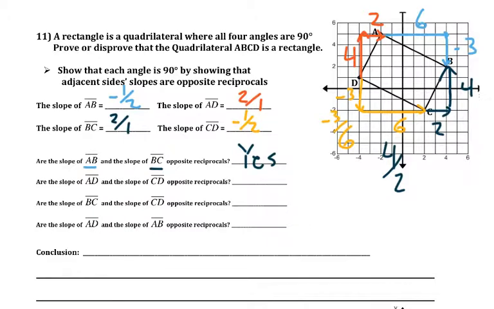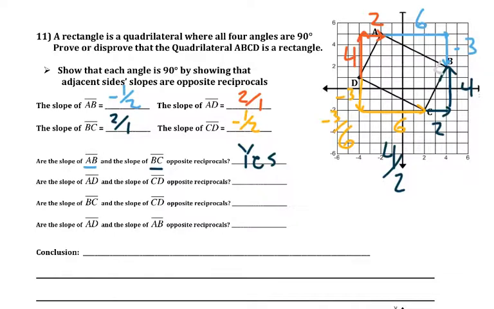Since we know that AB and BC have opposite reciprocal slopes, they are perpendicular, or they're going to meet at a 90-degree angle. So the angle B is going to be 90 degrees. Now we're going to continue to do this because we've got to show that all the angles in this quadrilateral are 90 degrees.